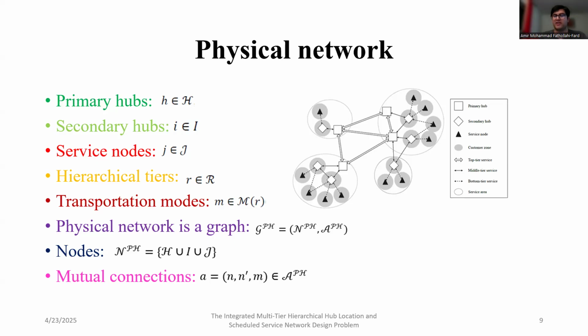Each arc in our physical network defines a conceptual connection between two different nodes using a transportation mode. So it can be defined as this, where A is an arc and it includes N as its origin, N prime as its destination, and M is its transportation mode.